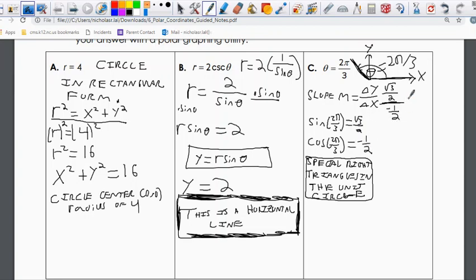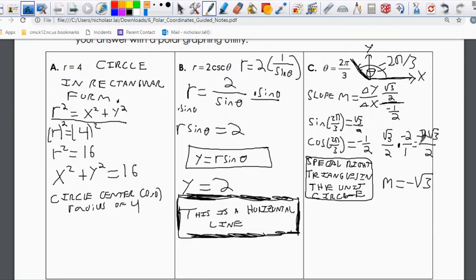So root 3 over 2 divided by -1/2 is going to be root 3 over 2 times -2 over 1, which is going to be equal to -2 root 3 over 2, which becomes just -root 3. So your slope m is equal to negative the square root of 3.